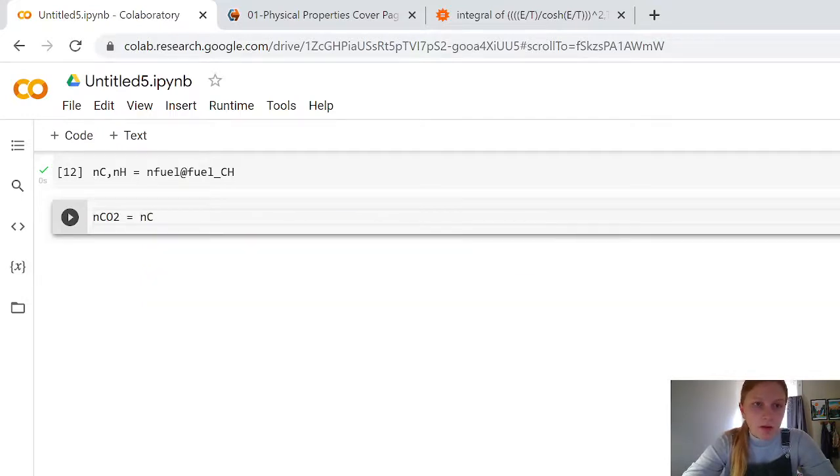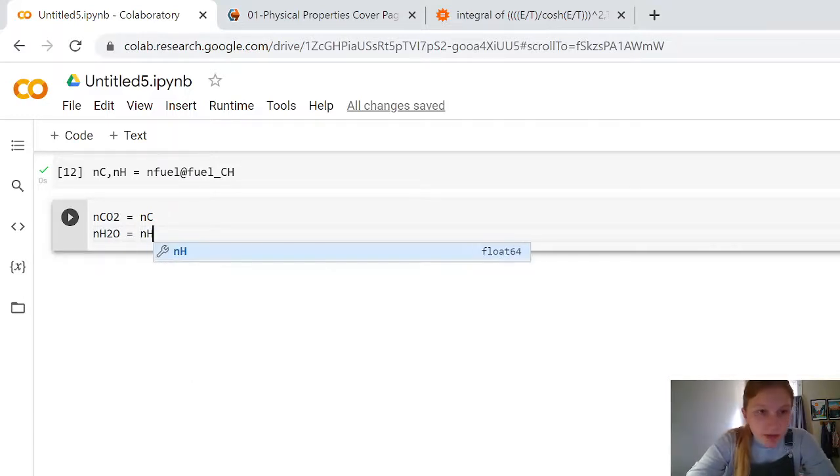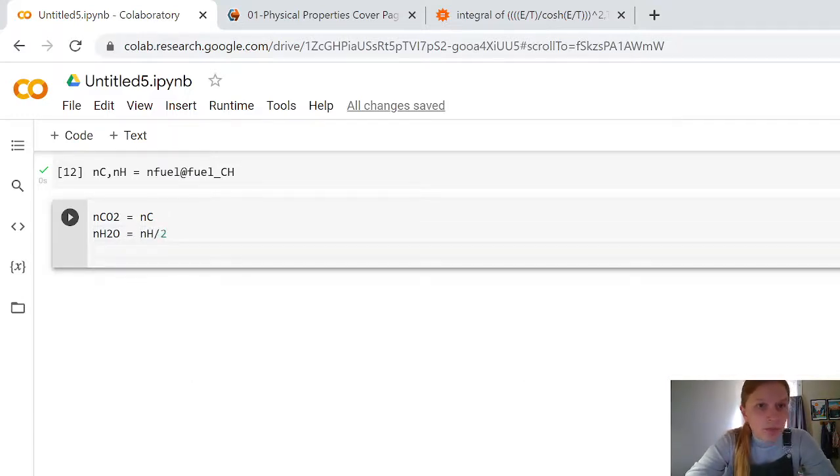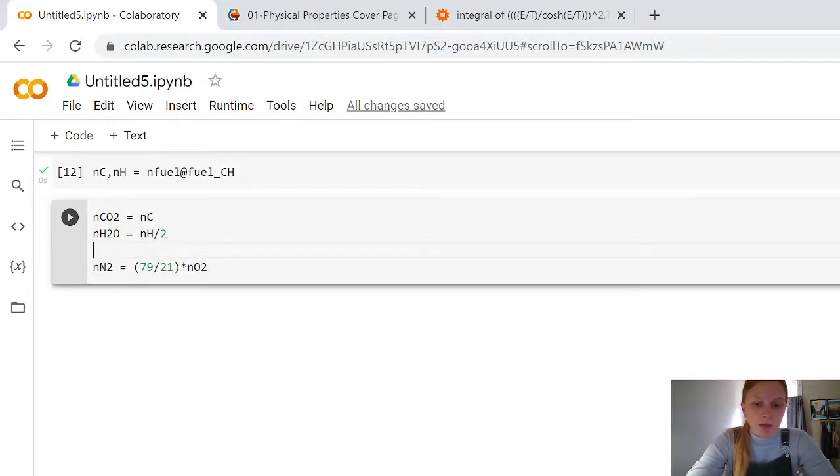We had water, and that is equal to the moles of hydrogen divided by 2. We had nitrogen, and that is equal to our ratio, the 79/21, and that is also multiplied by the moles of O2, which I'll put up here.